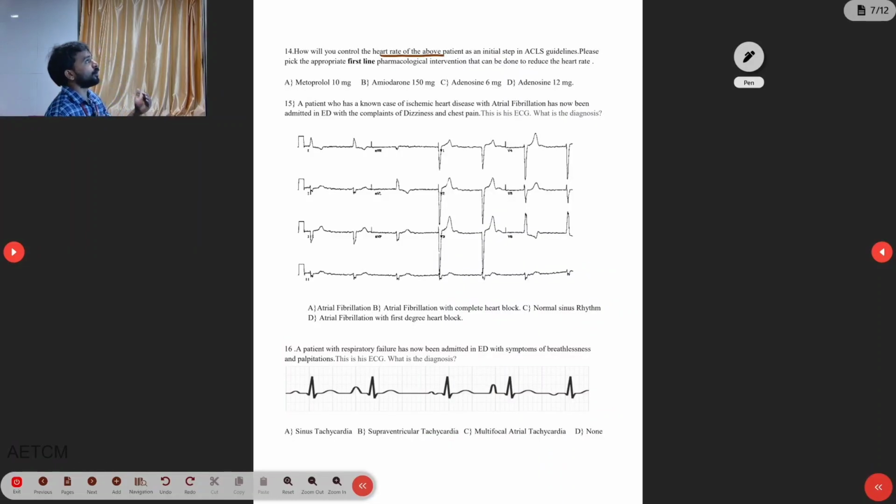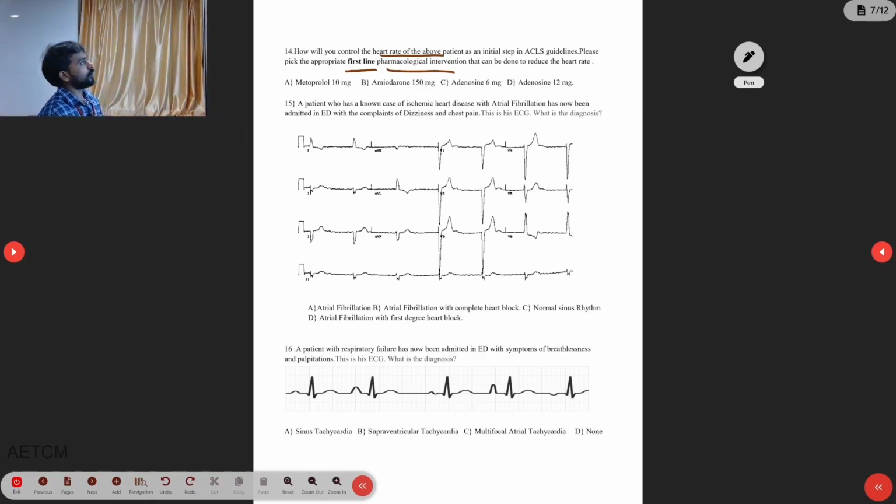Now we have to know, as per the ACLS guidelines, how to control the heart rate in a patient with supraventricular tachycardia. Here we have asked you to pick the appropriate first line pharmacological intervention only.